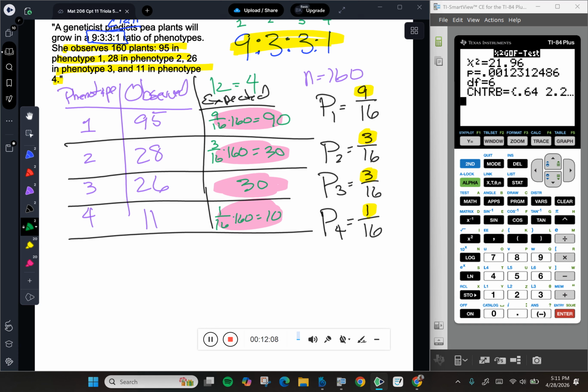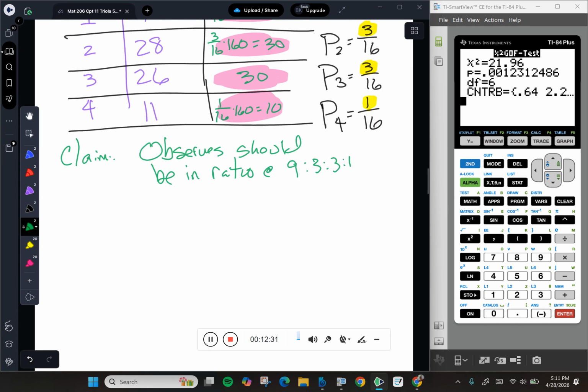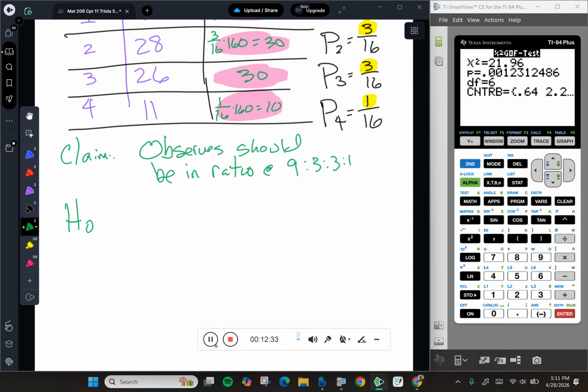All right? So what's my claim? Well, my claim is that the observed should be in ratio at 9, 3, 3, 1. My null hypothesis would be then that the observed is the expected, that they are in that proper ratio.